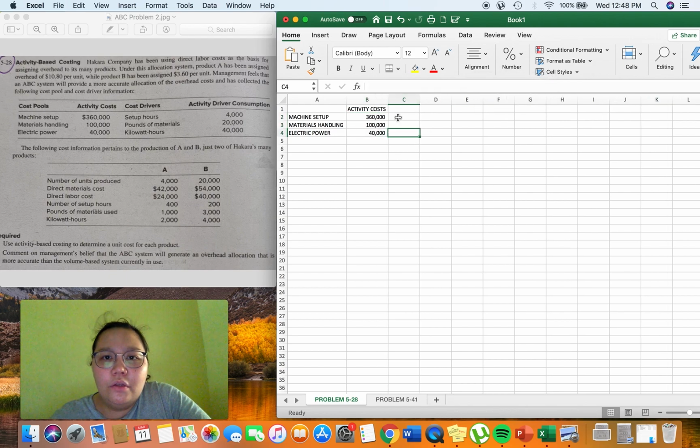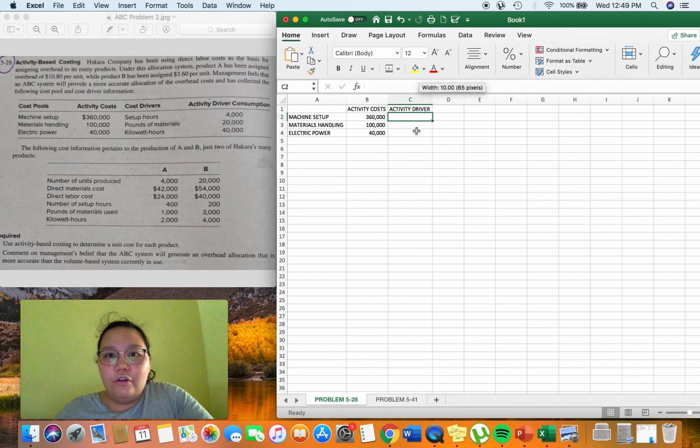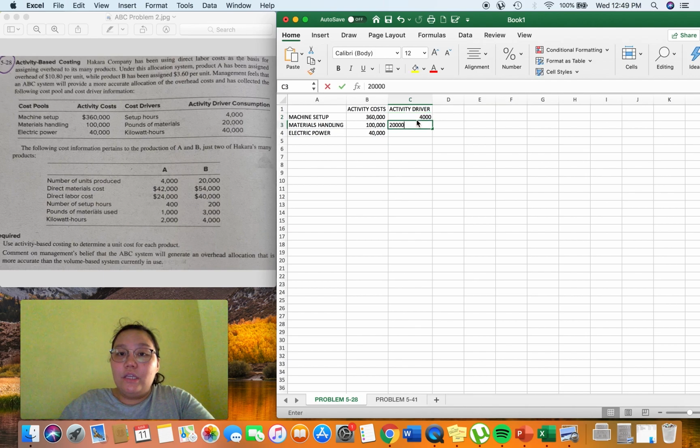Now, we have to divide each by the activity driver consumption. So we have 4,000, 20,000, and 40,000 respectively.